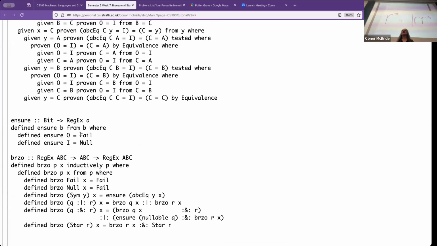This turns a bit into a regular expression, which is basically saying turn false and true into dead and alive, right? If we're alive, we're not going to consume any data, but we're not going to fall over. So that's what's going on there.